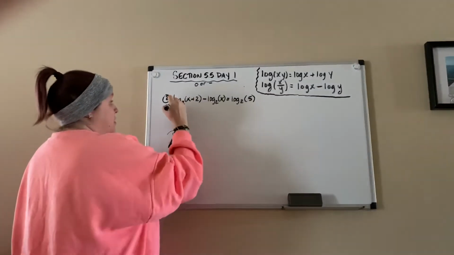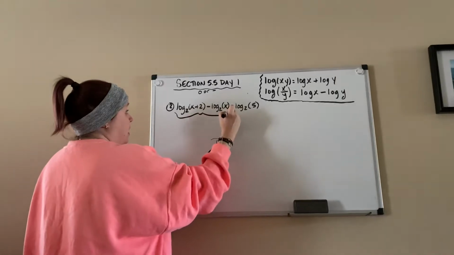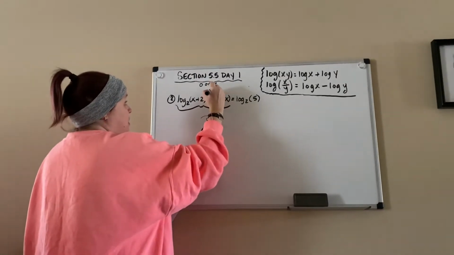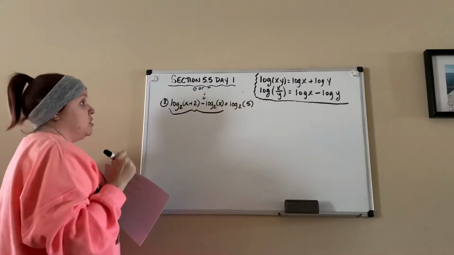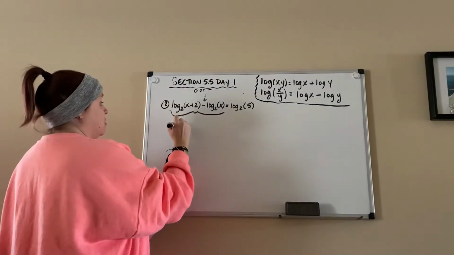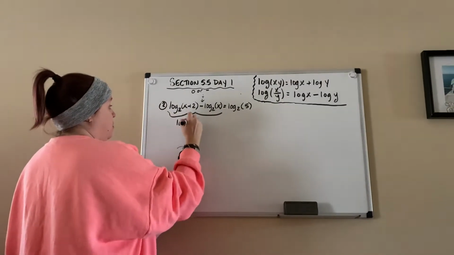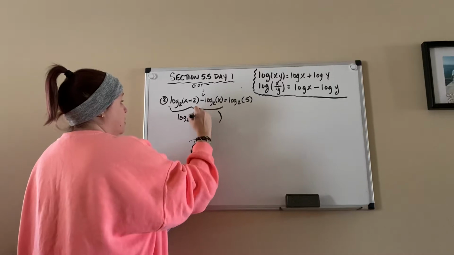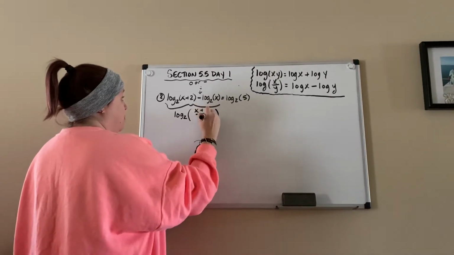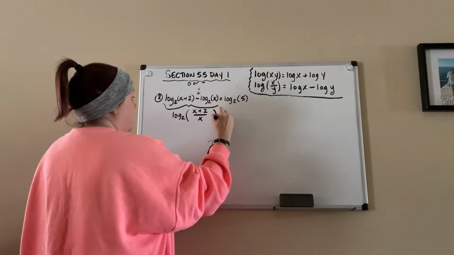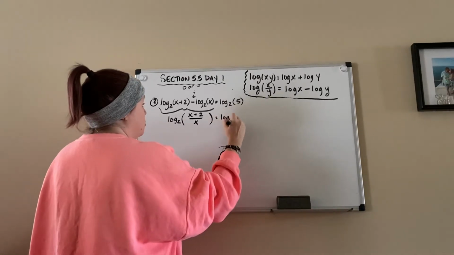Now on this side I've got multiple logs and it's minus again, so it's going to be division again. So I put them back together, so this is going to be log base 2 of the two things divided. So x plus 2 divided by x, and it equals the log base 2 of 5.